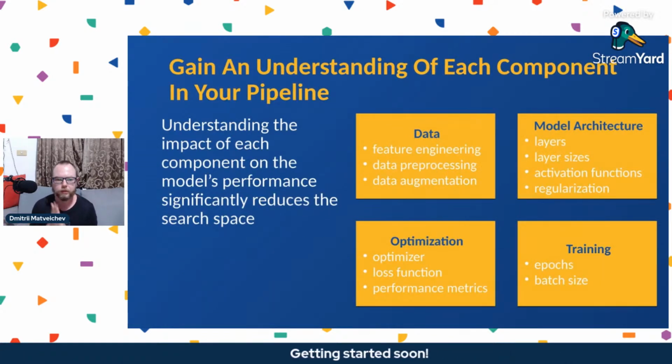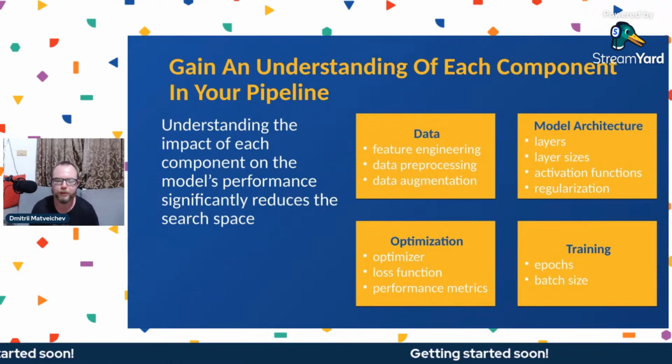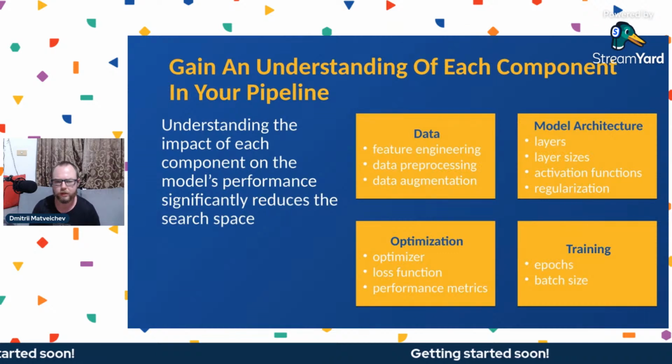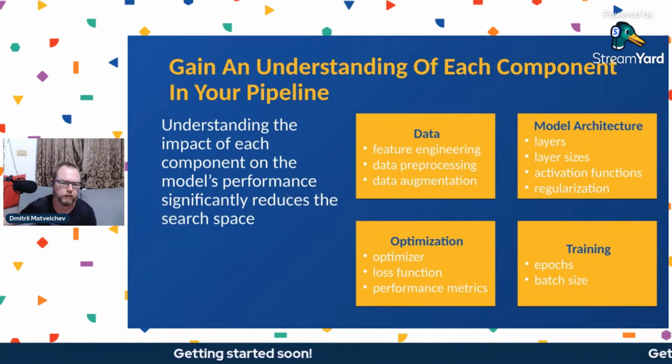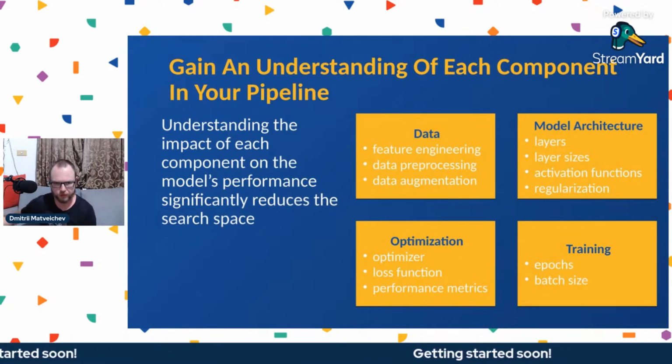Okay, so one more argument towards the scientific way of deep learning tuning is that all components of a neural network training pipeline can be grouped into basically 4 parts. One is data, and data can be split into feature engineering, data preprocessing, and data augmentation.